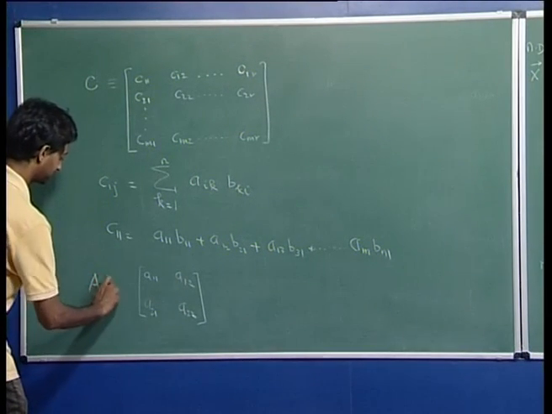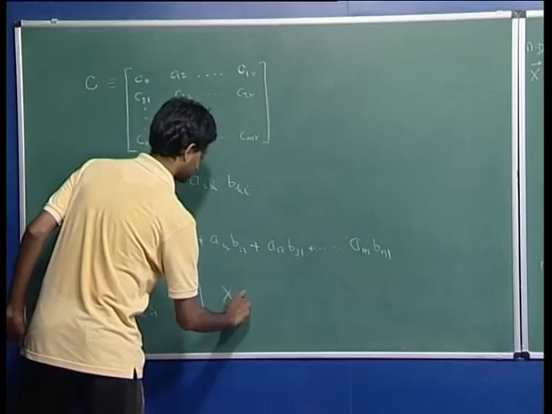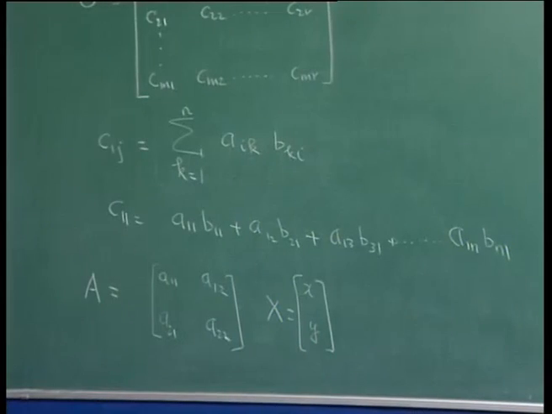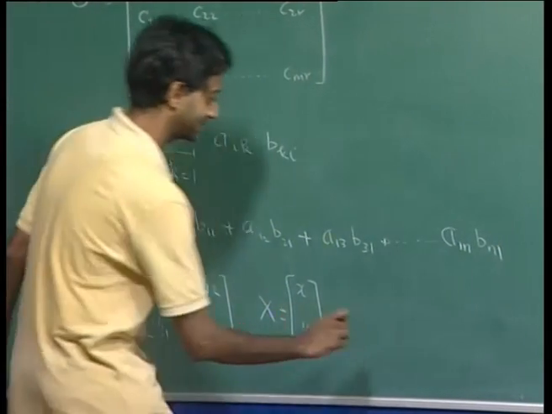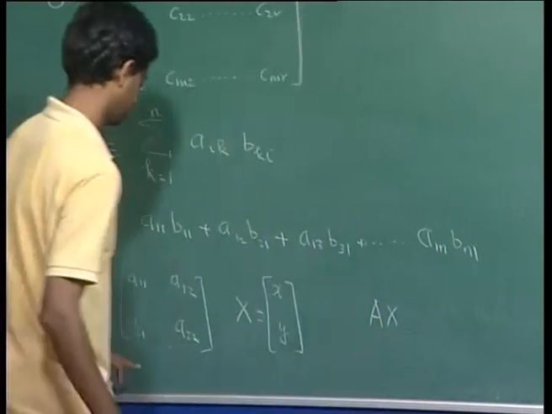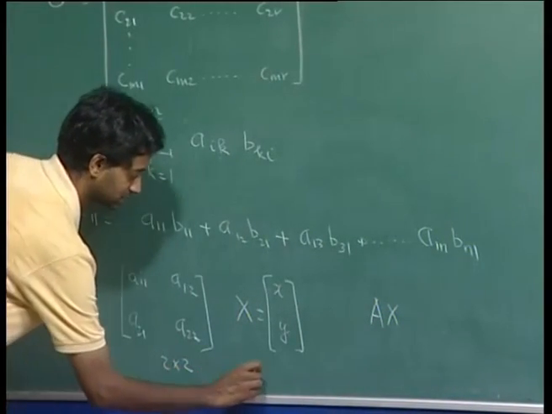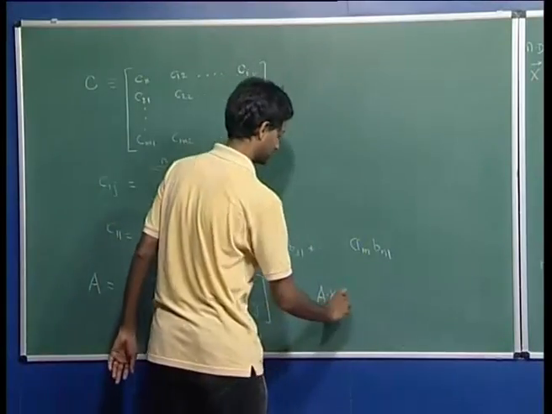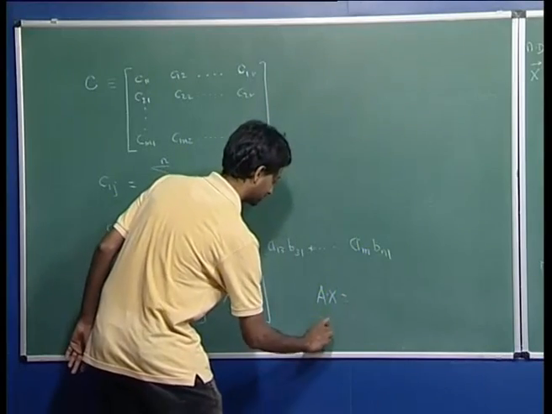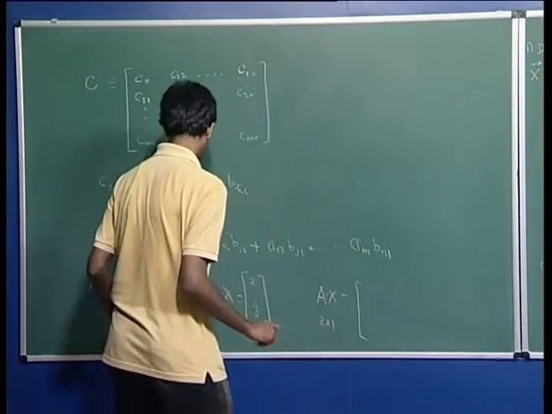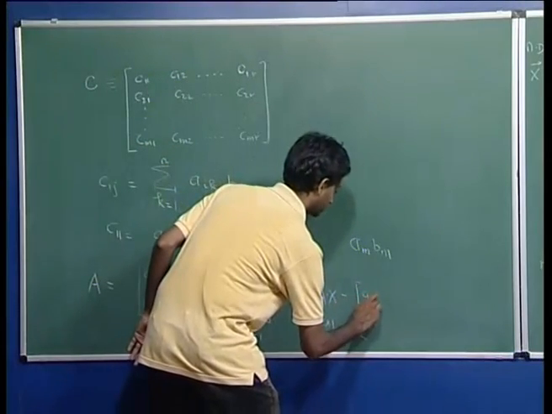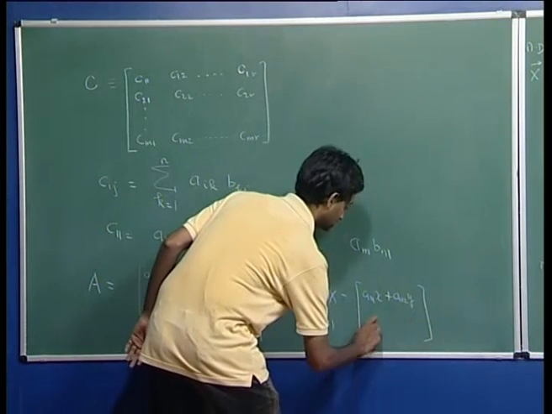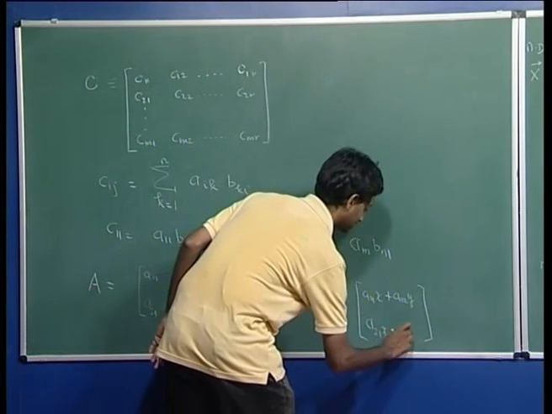So, if A is equal to this and x is equal to (x, y), okay, then A x, so this is 2 by 2, this is 2 by 1, A times x, this should be a 2 by 1 matrix, and the elements of the matrix are A 1 1 x plus A 1 2 y, A 2 1 x plus A 2 2 y.